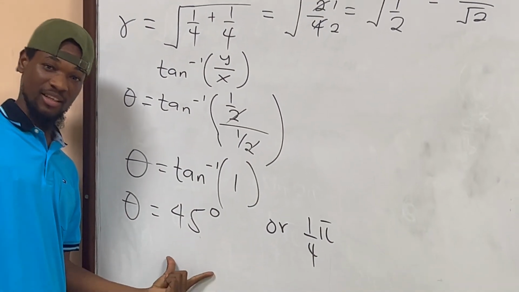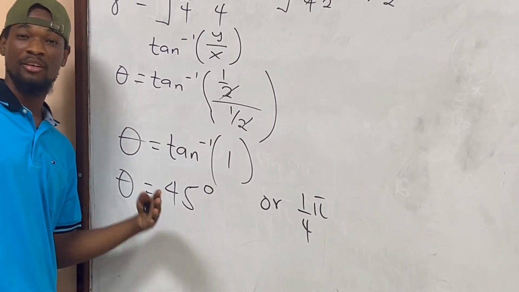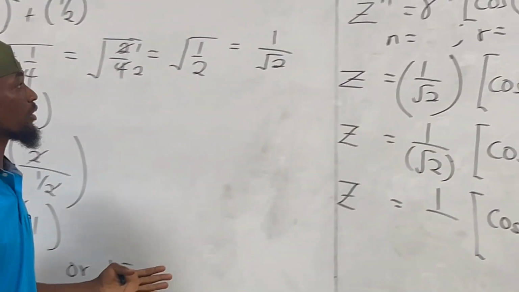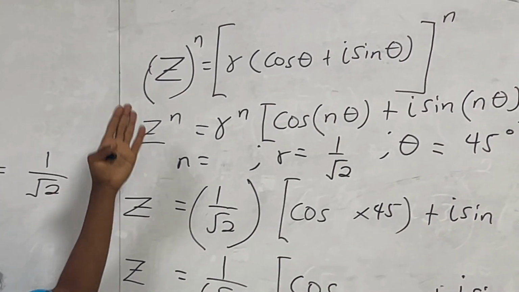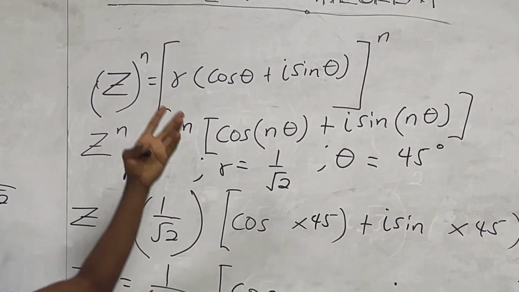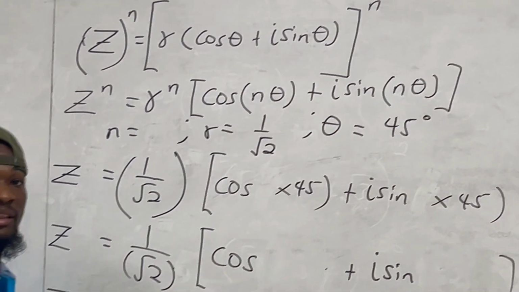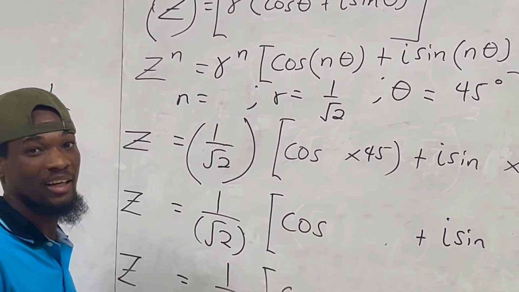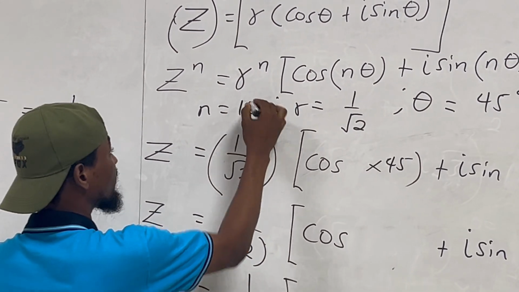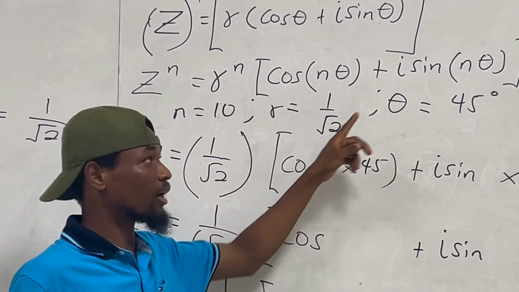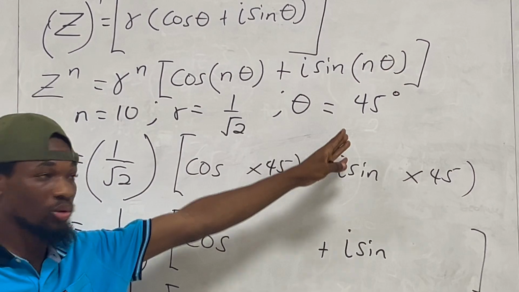You arrive at the same answer, which is 45 degrees. Now, let's employ this using De Moivre's theorem. We know this. Now, what is our exponent now? It's 10, not 5 again. So we have 10. Our r is this, and our argument theta is also that.